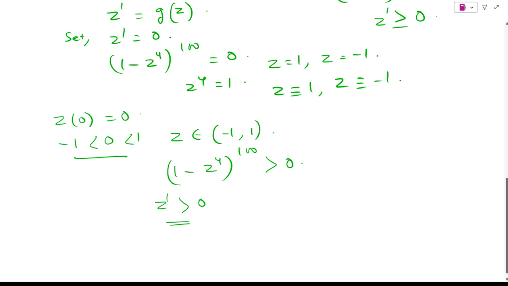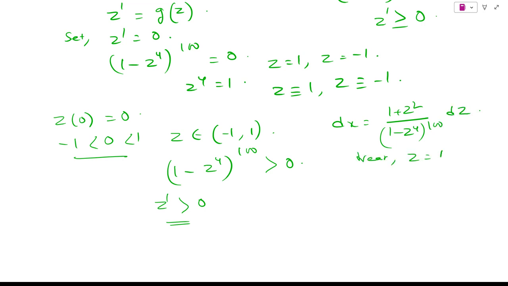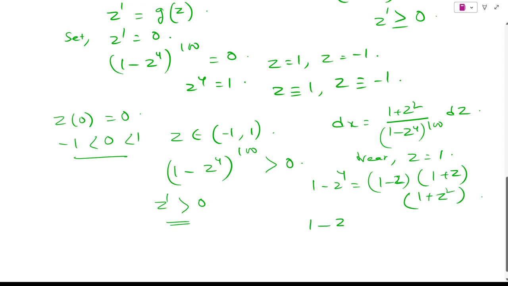Now can it cross z equal to 1? So separate the variables. Now near z equal to 1, 1 minus z to the power 4 is (1 minus z) into (1 plus z) into (1 plus z square), and thus, for a positive constant c.